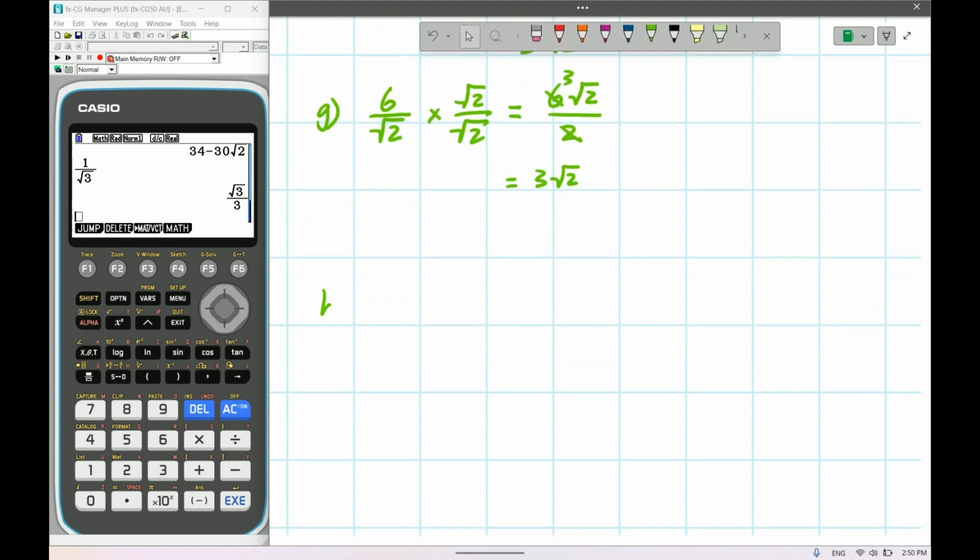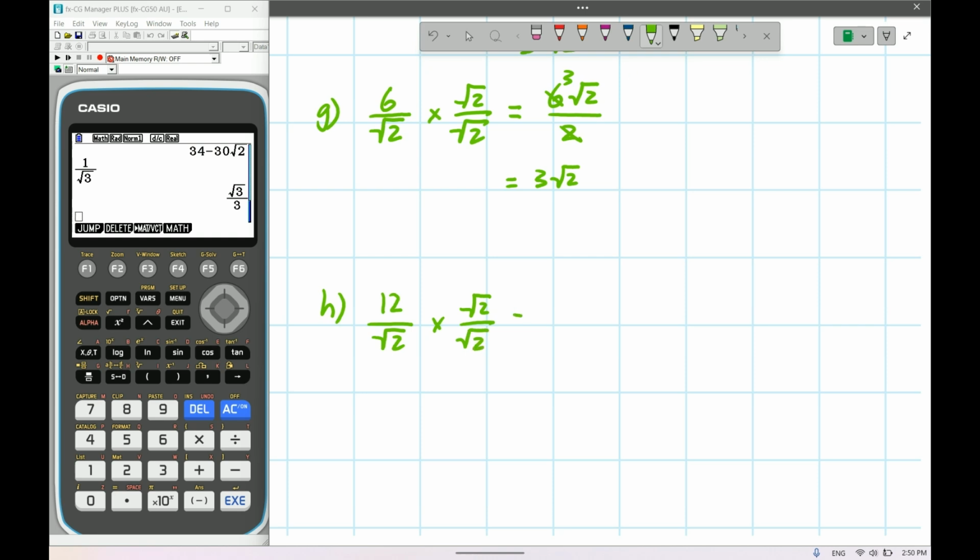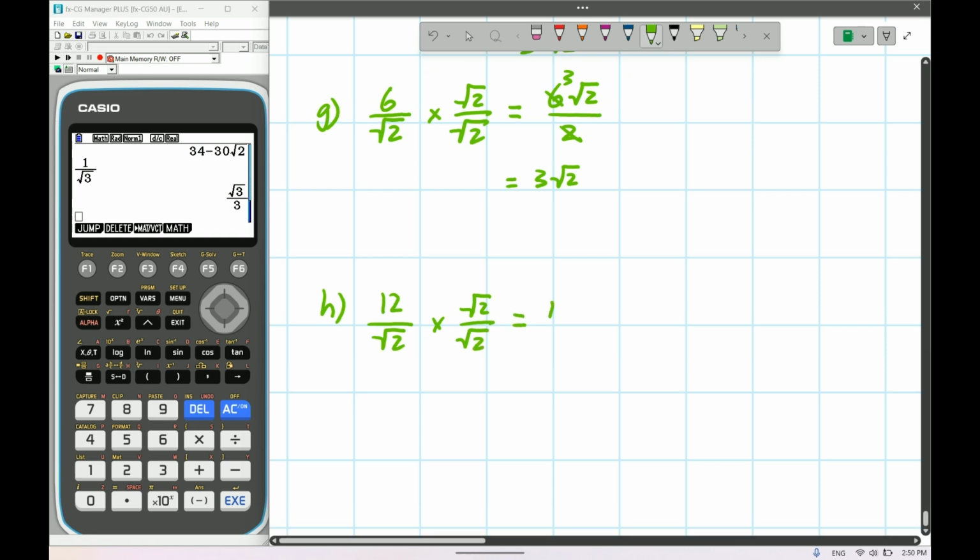Cool. H. 12 over root 2 times by root 2 over root 2 again. So the top one will become 12 root 2 over the bottom, which is 2. And once again, they will partially cancel out, so you're left with 6 root 2 as your final answer. Cool.